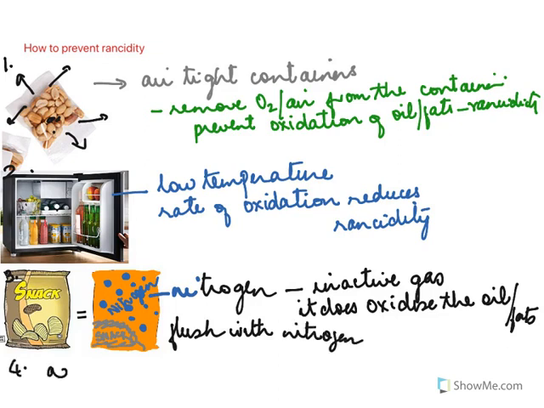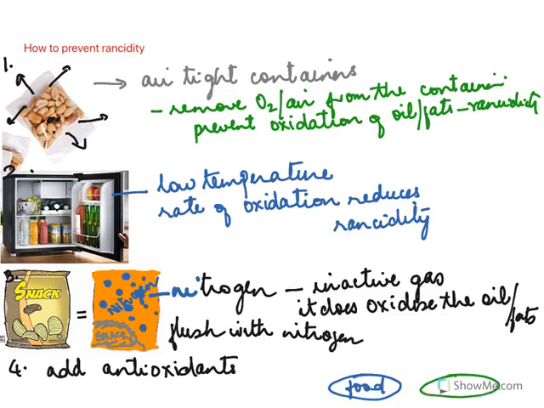And the 4th point is to add antioxidants. Now these antioxidants are substances that prevent oxidation, and they do it in this manner. Suppose you have some food, and here is an antioxidant. To that food you have added the antioxidant, and there is oxygen in the air.